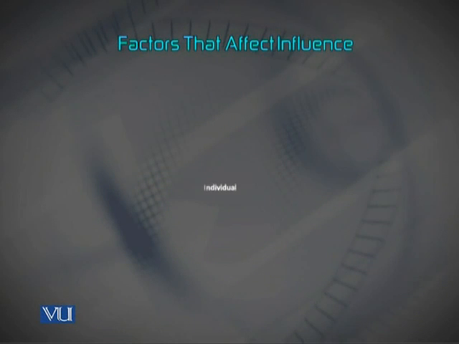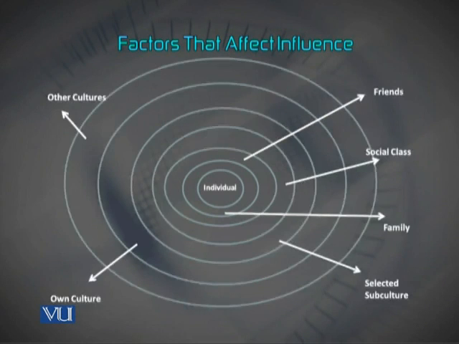I will repeat again that there are certain factors which try and influence the influence of the reference group on the consumer behavior. For that we look at the model, and if you look at the model, you will see that at the center of the model is the individual, and there are circles around. And all these circles represent some kind of a group that influences this individual.